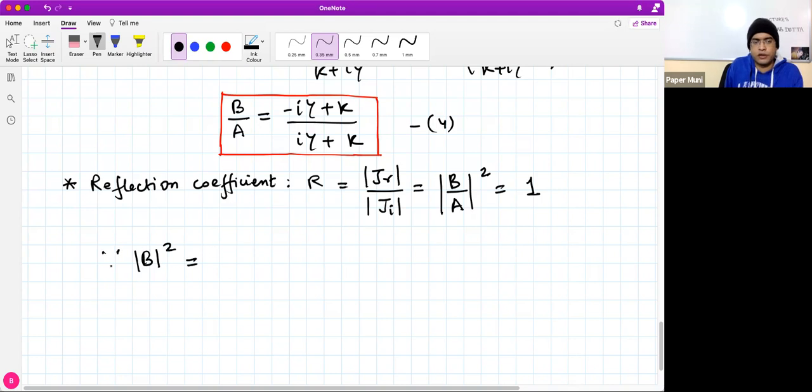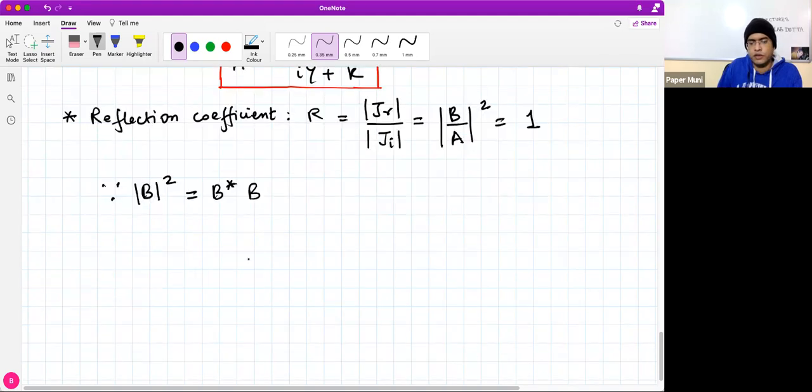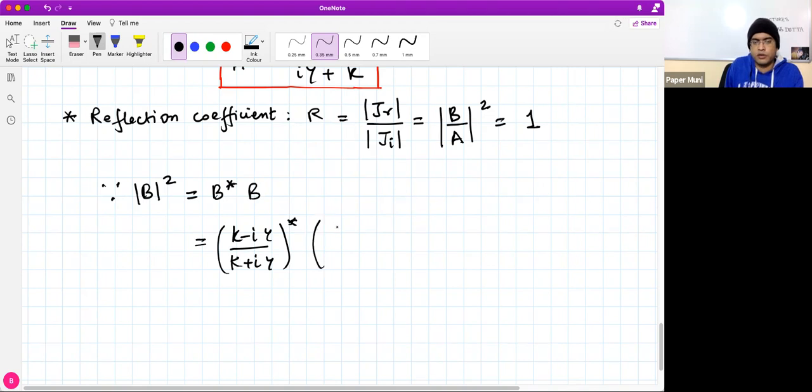You can write like this, b star b. In this case, if you write this in terms of A, what can you write? You can write 1 times k minus iota gamma over k plus iota gamma. Now this will be the square conjugate, k minus iota gamma over k plus iota gamma. And we have mod A square.